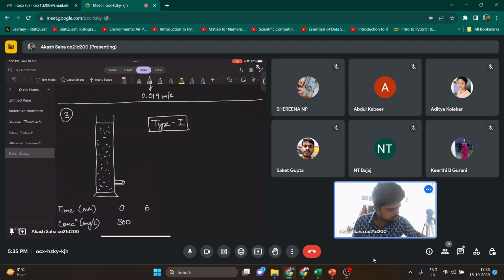So suppose at 60 minutes, the concentration decreases, it is given as 189. At 80, it is given as 168. Okay, at 130, it is given as 156. At 200, it is given as 111. At 240, it is given as 78. And at 420, it is given as 27, right?